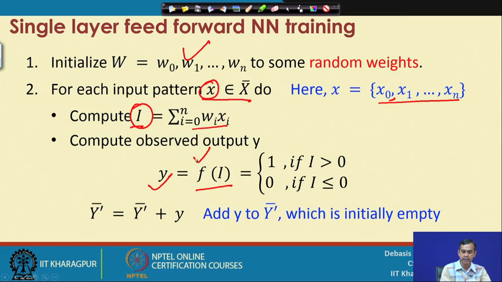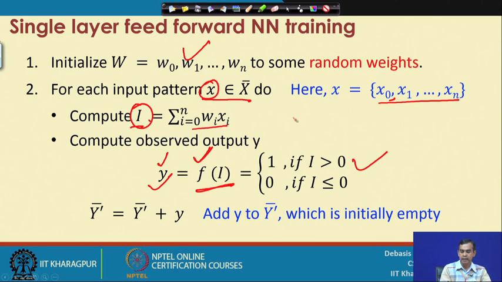Anyway, let us take f, and for this input I, if I is greater than 0 it is 1, and if I is less than 0 it is 0. This is the simple transfer function, called the step transfer function, that we have considered as f here. Now, it will result in y.